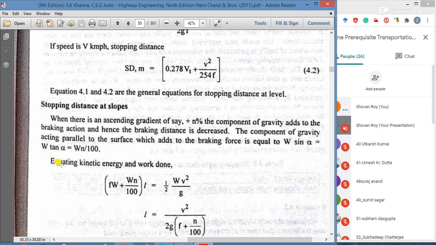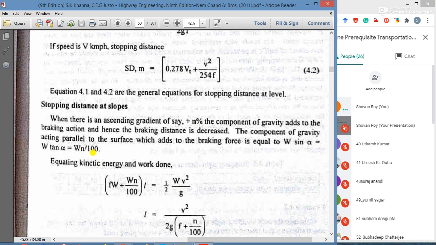W is the weight of the vehicle and alpha is the gradient angle. Tan alpha is the ratio of height to base, and normally this is your slope. N is the slope in percentage, so n by 100. Simply we can multiply the weight of the vehicle with n by 100.